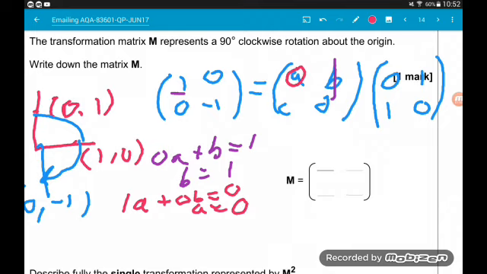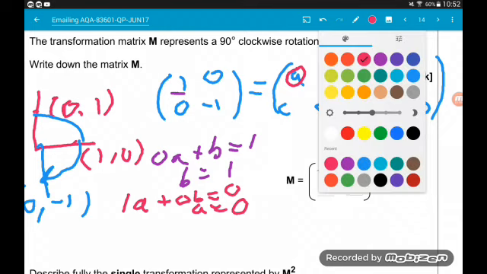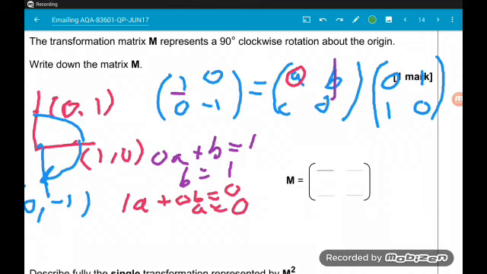Then, if we do the multiplications on the bottom row of the matrix. Okay, next we want to do 0C plus 1D. Now we know that that has to equal 0.